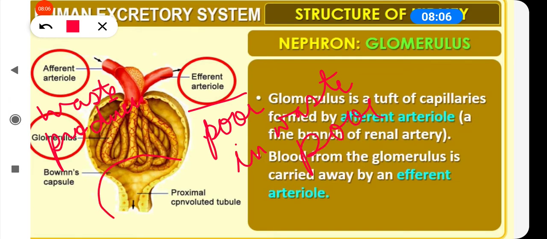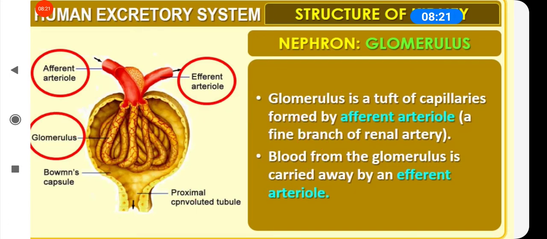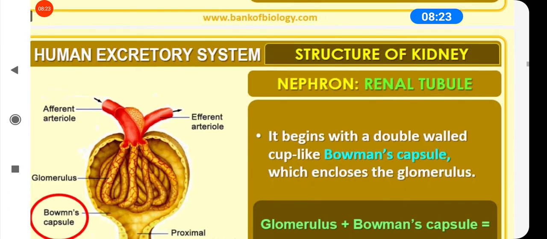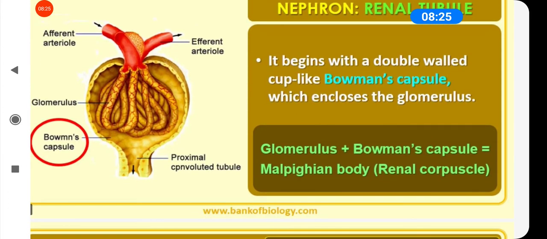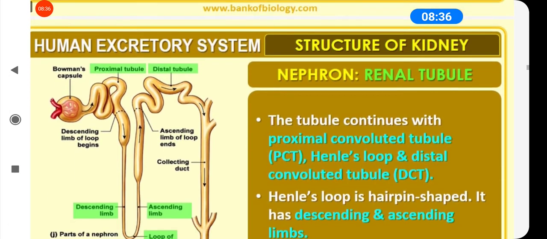That waste has gone into the proximal convoluted tubule. So this is a very important question. What is the difference between afferent arteriole and efferent arteriole? So you can see over here that glomerulus plus Bowman's capsule is called a Malpighian body, or a renal corpuscle.